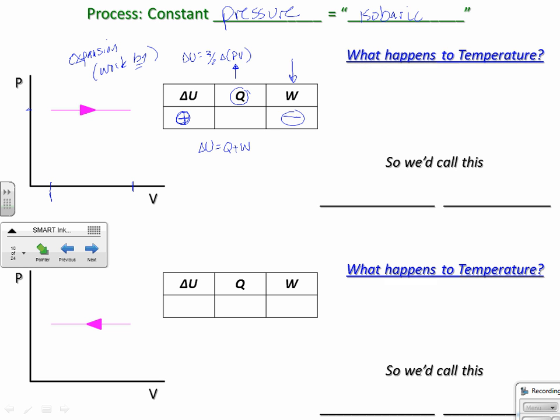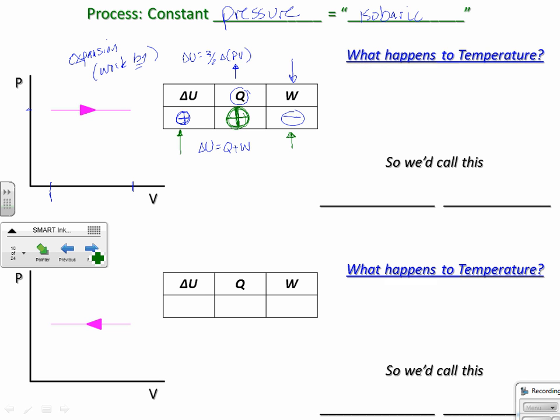Okay? So how does that happen? Well, the only way for that to happen is if Q is really positive. And let's think about this. What's happening? We're saying that the gas expands and the temperature increases. Well, the only way for that to happen is if we light a blowtorch underneath the thing. All right, really add a lot of energy.